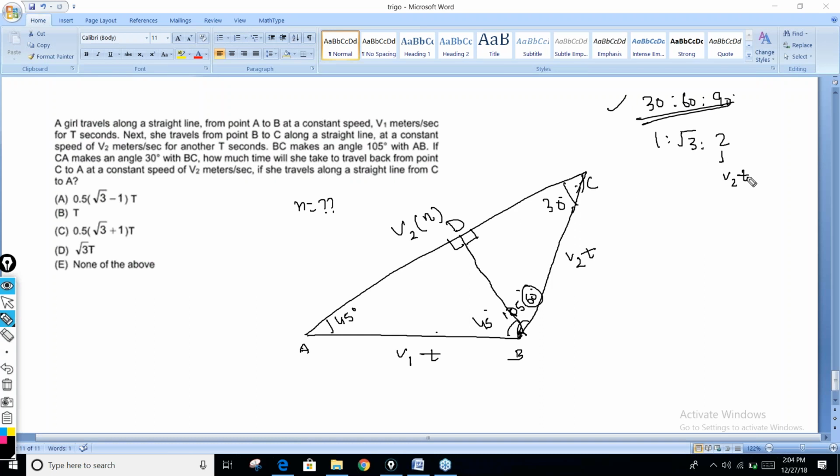So the side in front of 30 is v2t upon 2. But we need this side, in front of 60, which will be v2t upon 2 into root 3. That is the side DC.